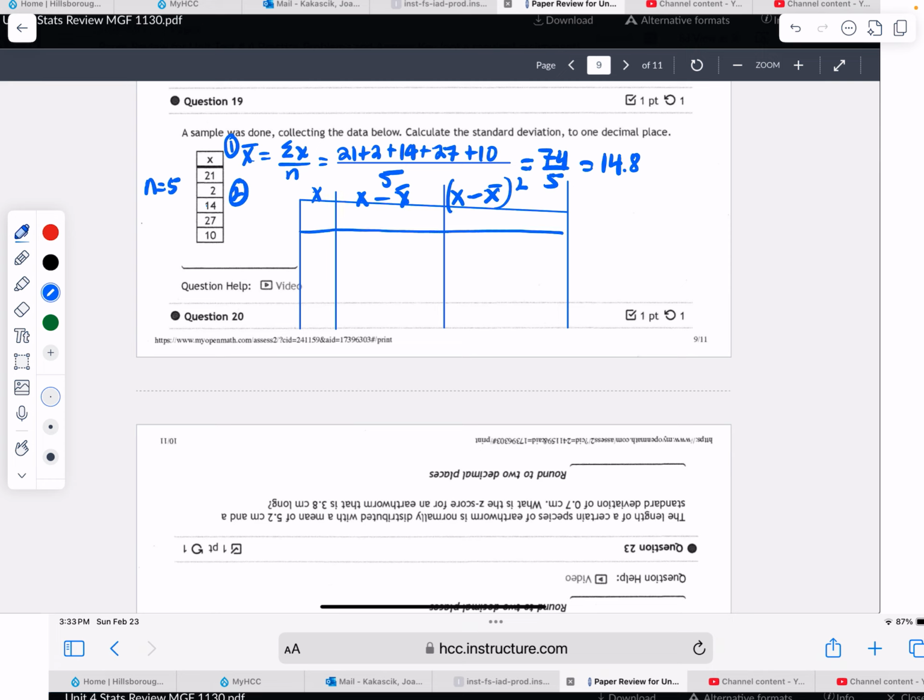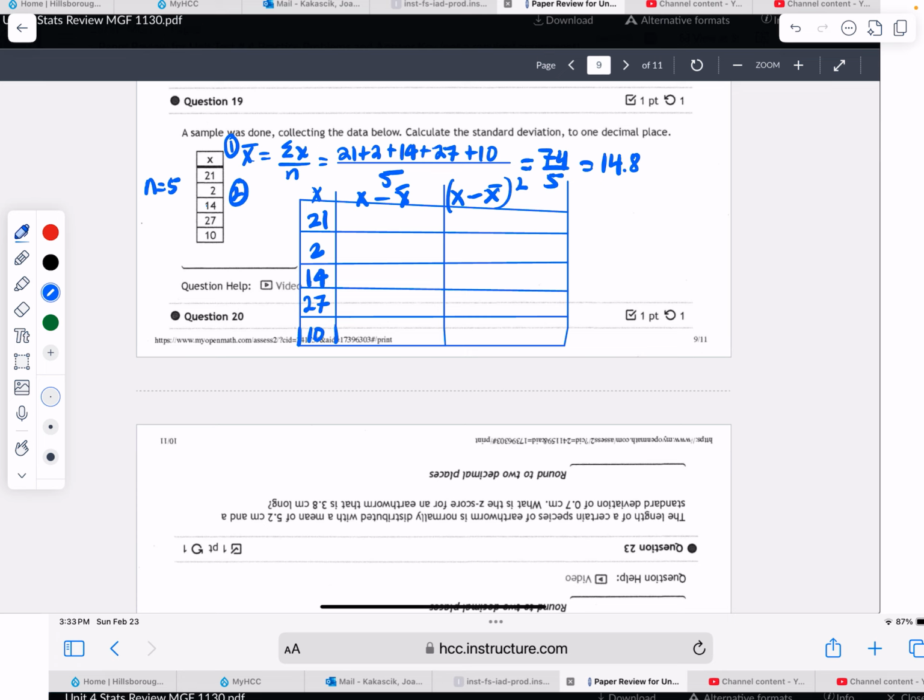So there's 1, 2, 3, 4, and 5. Now I'm going to put in my x values: 21, 2, 14, 27, and 10.